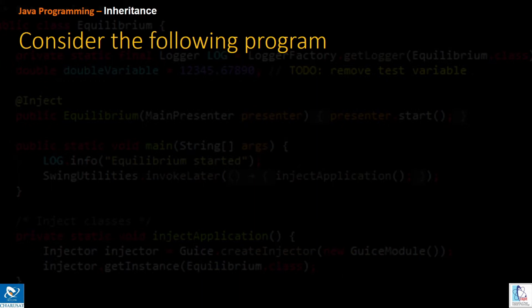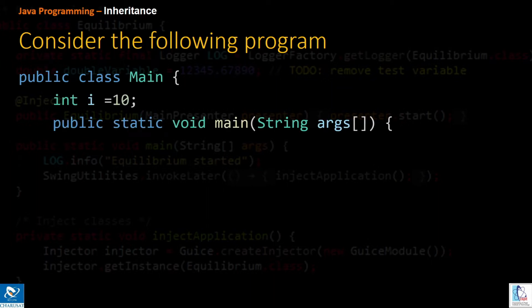Consider the following program. Now I am going to show you a real example of inheritance that we use, either knowingly or unknowingly. Consider that we have our own class called Main. Inside the Main class we have declared one instance variable i, initialized with the value 10, and also a main method to run this class.